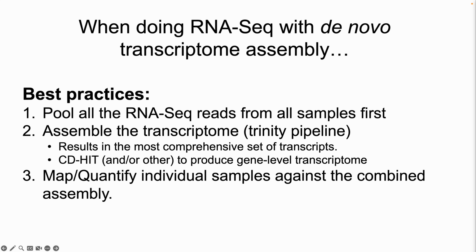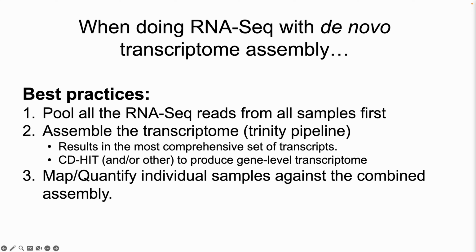Just a word on best practice. If you're doing this de novo type assembly and sequence expression quantification, you want to put all of your sample data, so in our cartoon example, everything from group A and everything from group B, in one big pool of data and use that big pool to make the transcriptome.